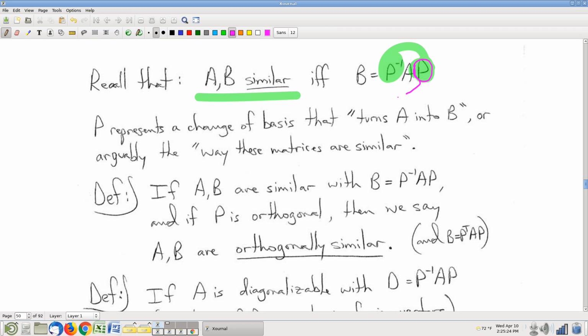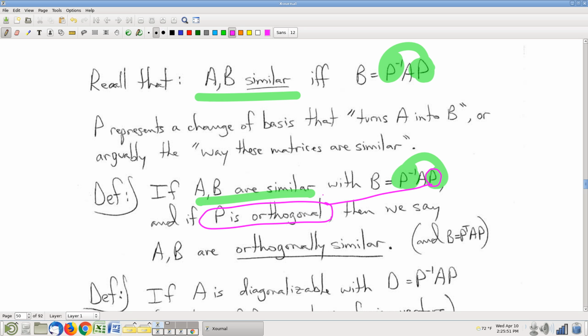For example, let's look at a couple of matrices that are similar. A and B are similar; they're conjugates of each other. Suppose you further know that P is not just some random matrix off the street, but is an orthogonal matrix.